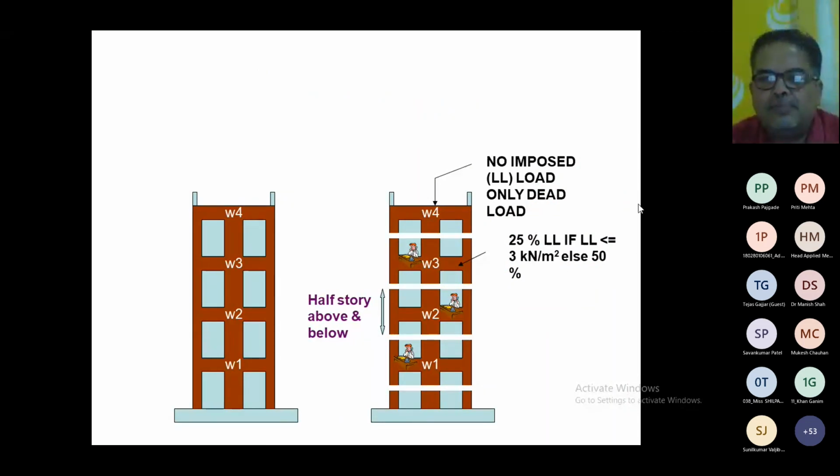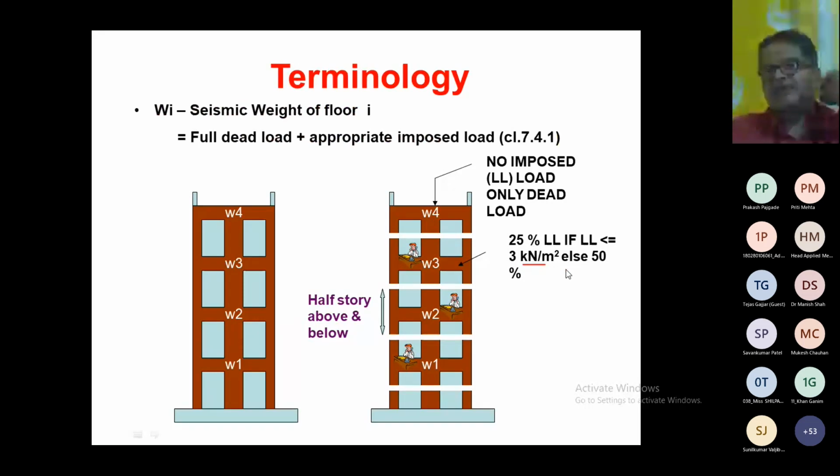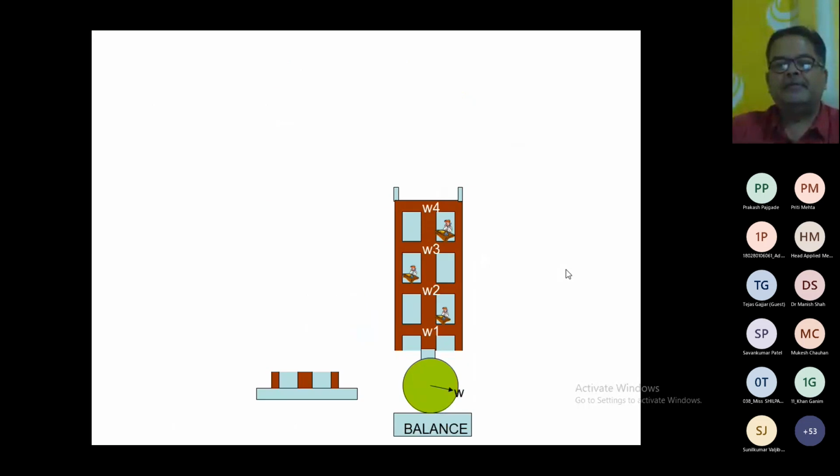We are assuming that no imposed load is on the terrace, only dead load will be there. We also say that 25% of the imposed load is considered in the seismic weight if the live load intensity is less than 3 kN per square meter. If it is more than 3 kN per square meter, we assume 50% live load, right? So the seismic weight is full dead load plus appropriate imposed load, right?